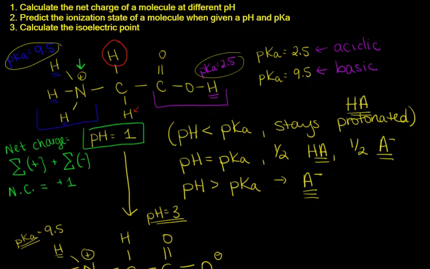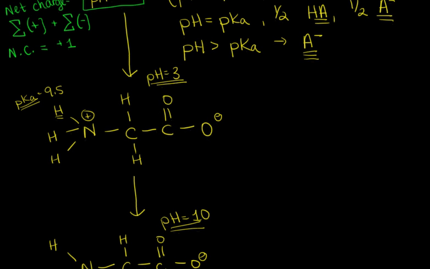Now here we are at pH equals 3. So the net charge is going to be all the positive charges, so we've got plus 1, added to all the negative charges, so we've got negative 1. So the net charge here is actually 0.